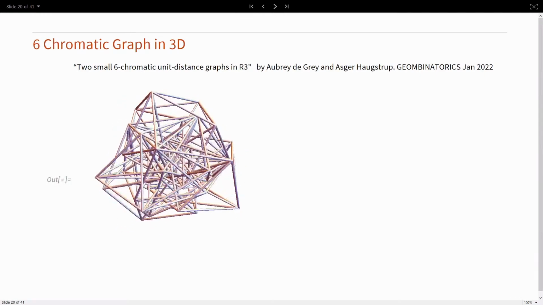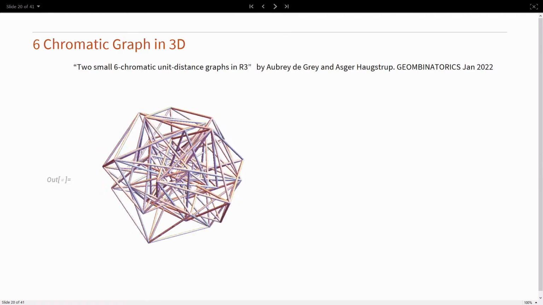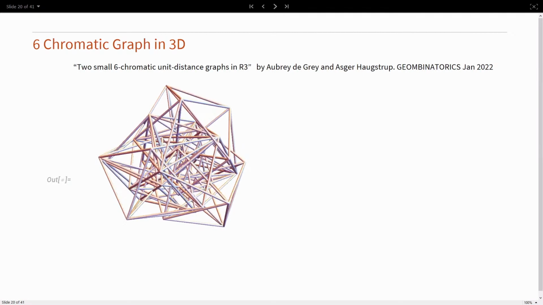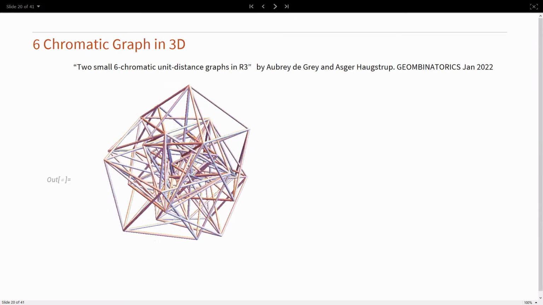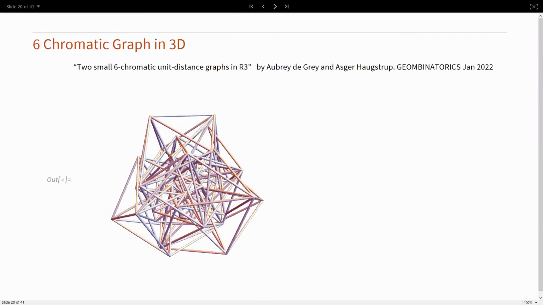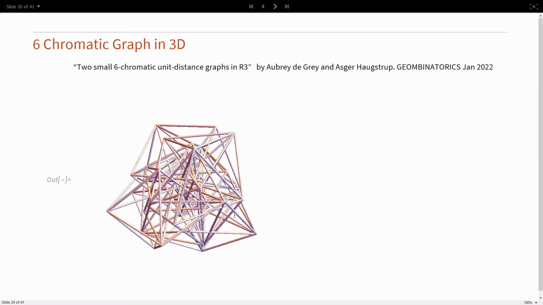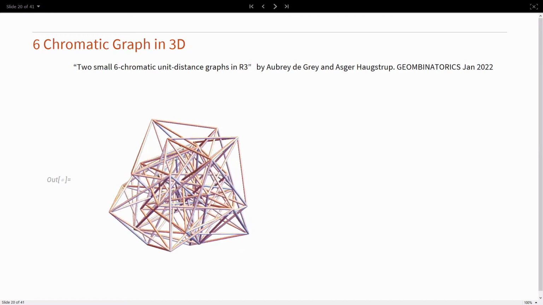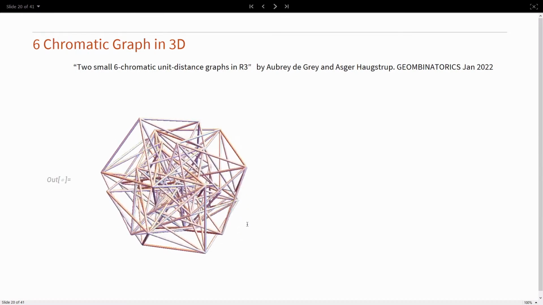I mentioned the chromatic number of the plane earlier. Well, what about the chromatic number of space? What is the minimal number of colors you need to color space so that there are no 2 points a unit distance apart? Well, this was recently improved by Aubrey de Grey again with this particular graph here.